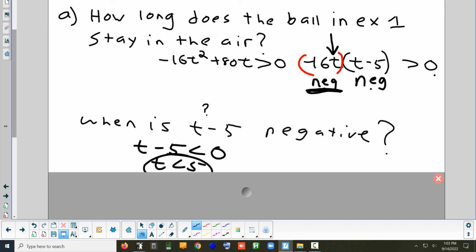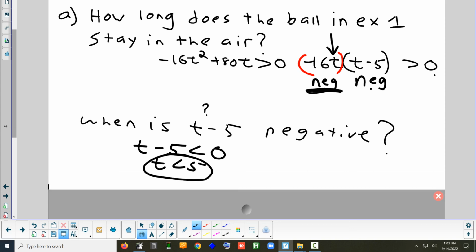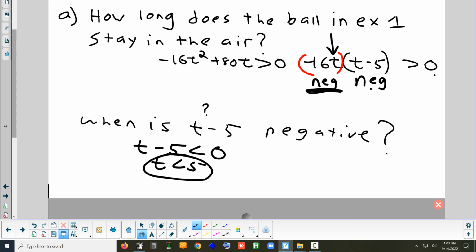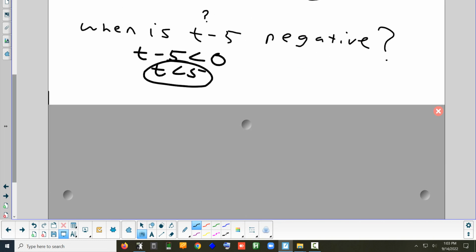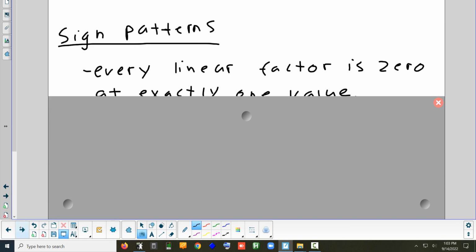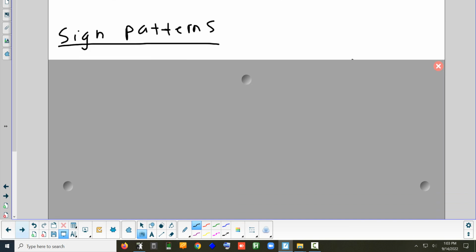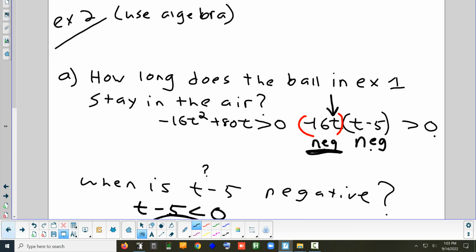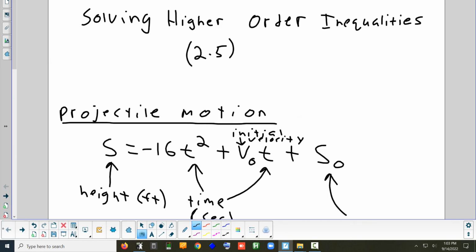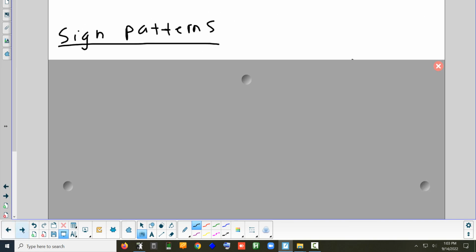Now this was only doable because we were able to factor it and think about it that way. And the method that I'm going to teach you right now in general relies on factoring. So this method of solving higher order inequalities, which is what we're looking at today, involves factoring.